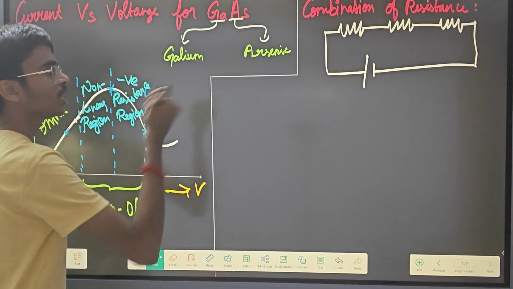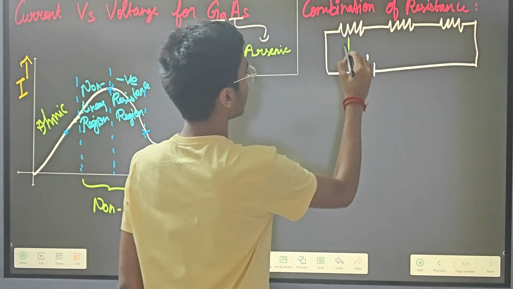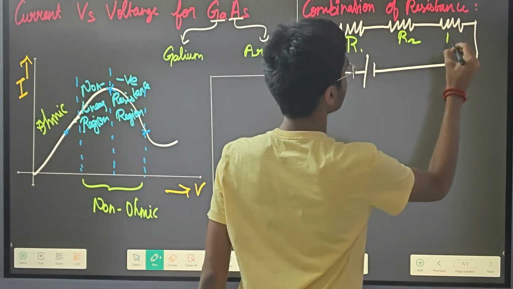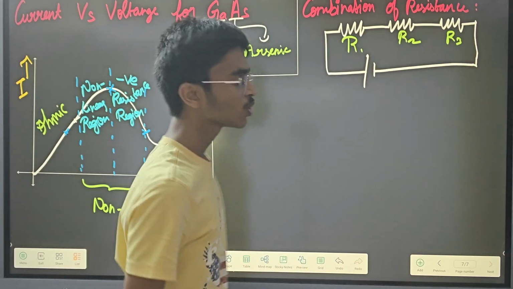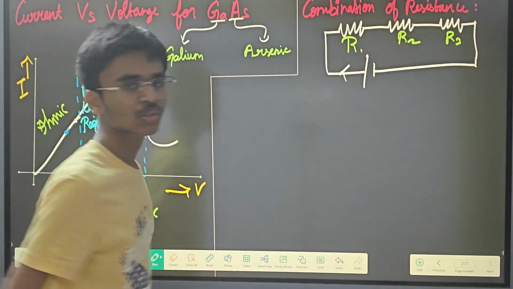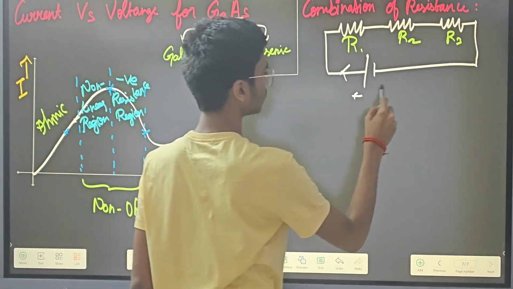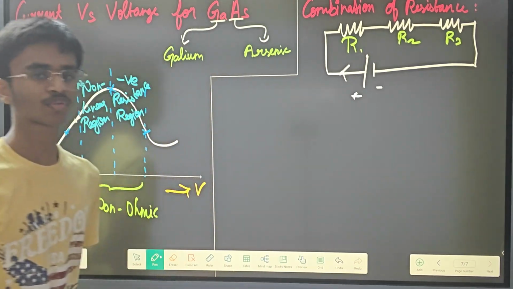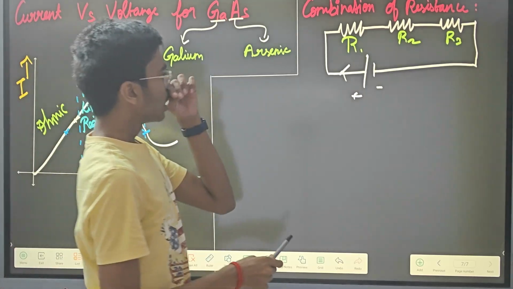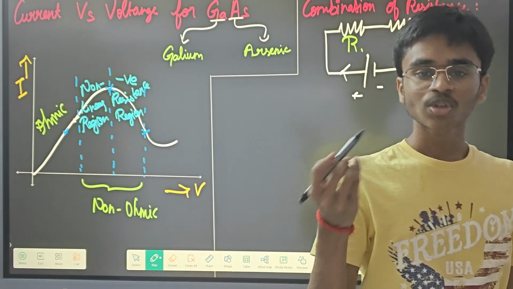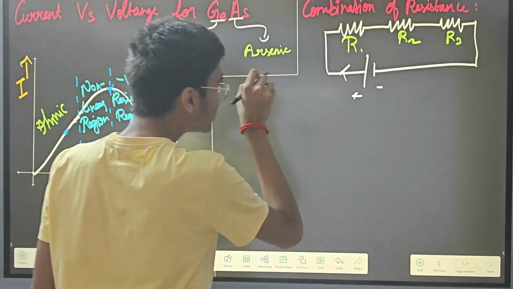Now coming to here, I'm going to take it as R1, R2, and R3. The current direction is going to be in this direction only, and we know which terminal represents the positive and which the negative sign of the battery. Here, what is constant? I is always constant in a series connection.